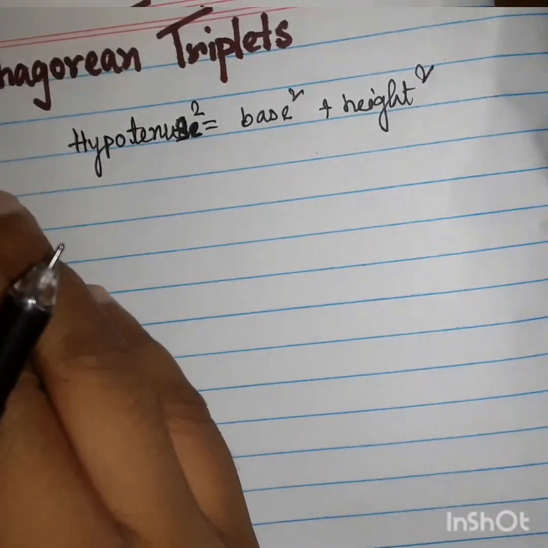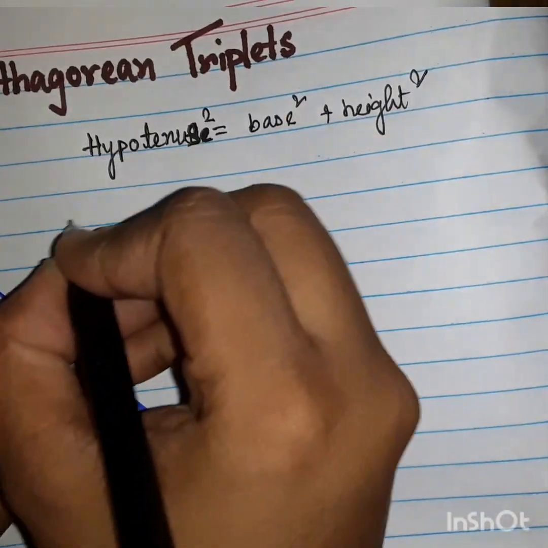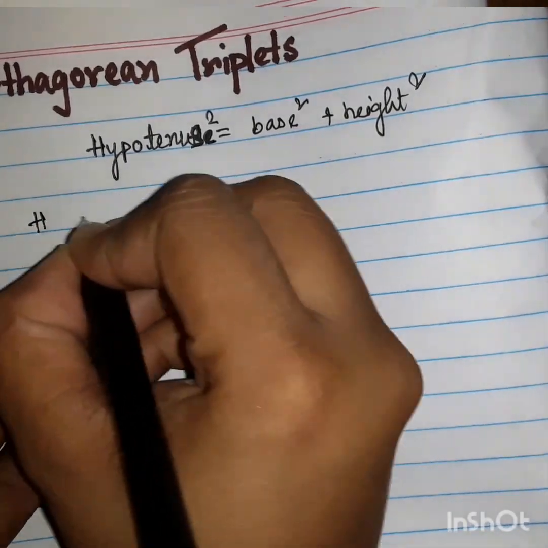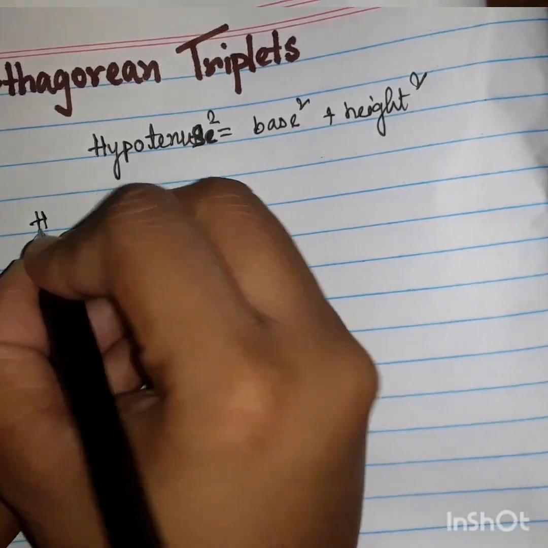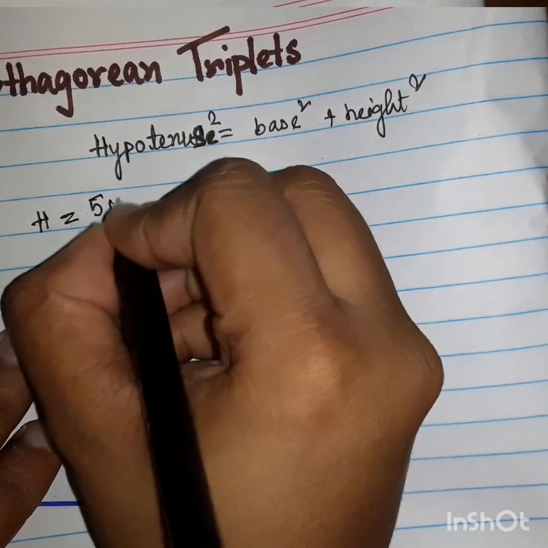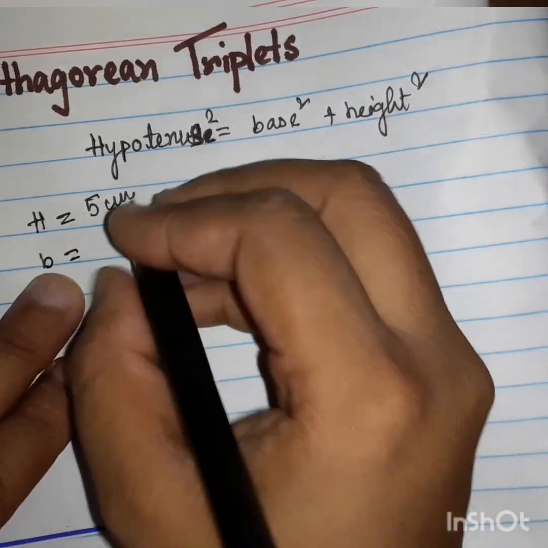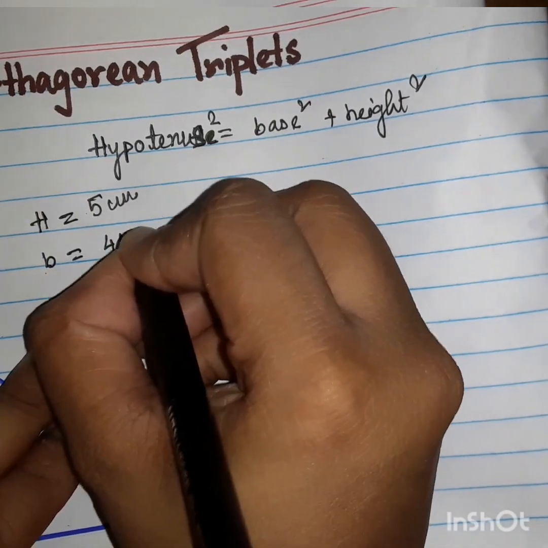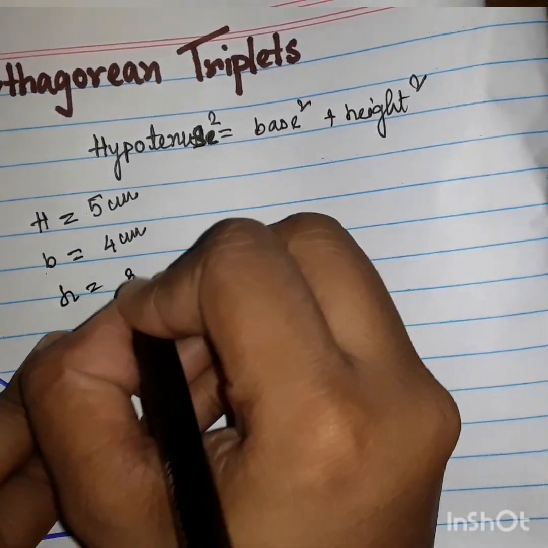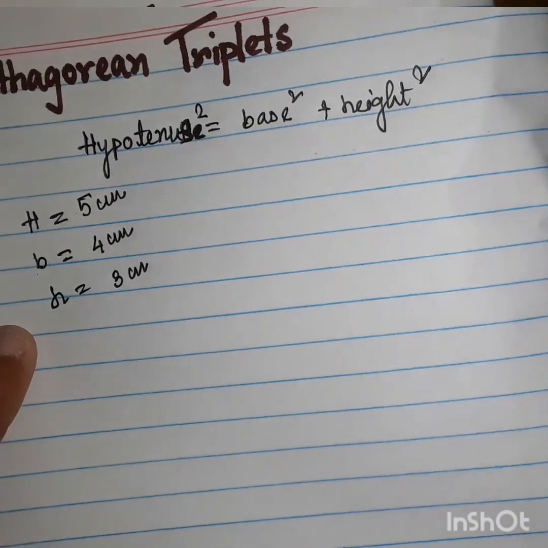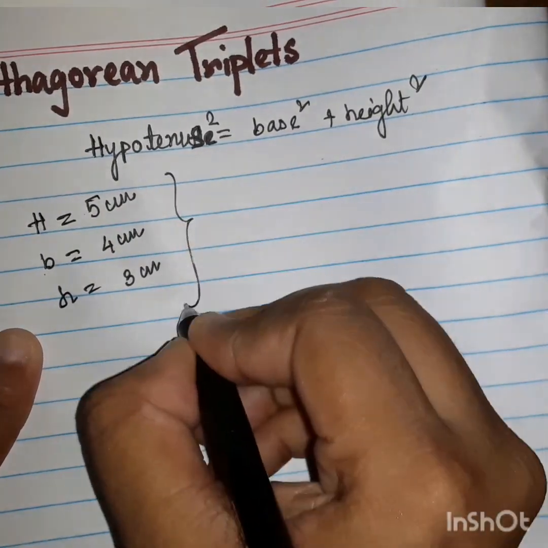Okay, so one very common example: if I represent the hypotenuse as capital H, that's 5 centimeter, the base, represented by small b, is 4 centimeter and the height, represented by small h, is 3 centimeter. They are satisfying this rule. How?